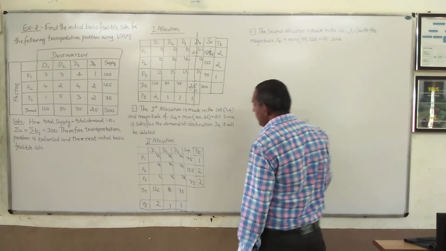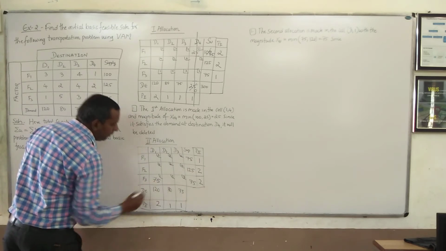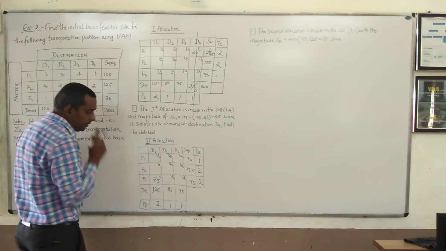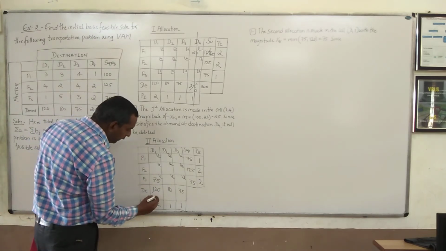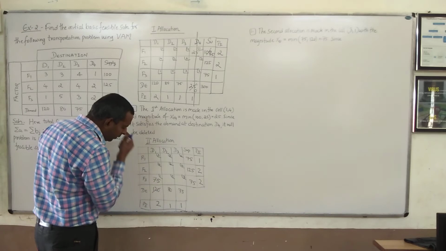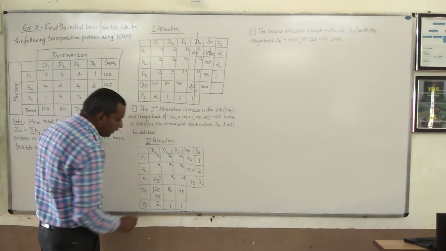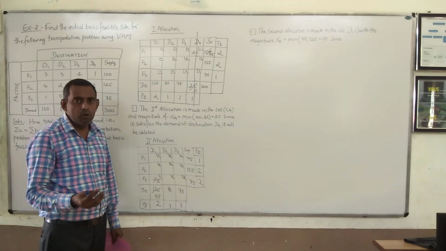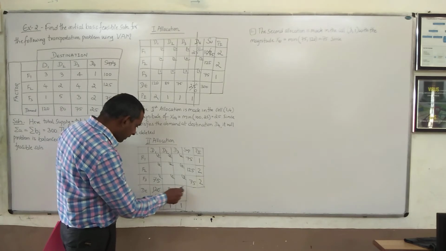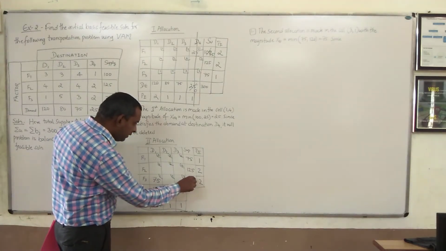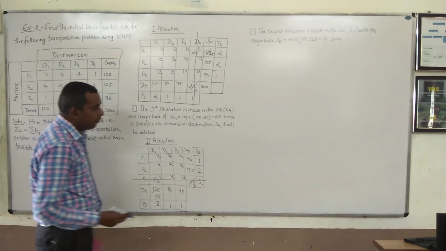So 120 minus 75, that is 35. No, not 35, it is 45. Fine. 25 plus 20 is 45. So this will get exhausted, so I will delete this row.